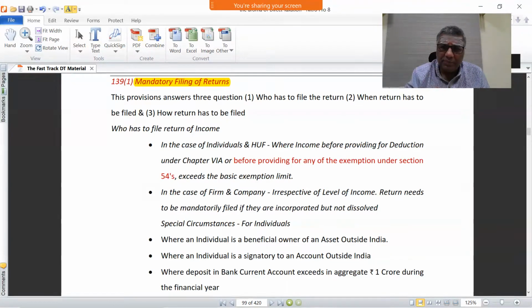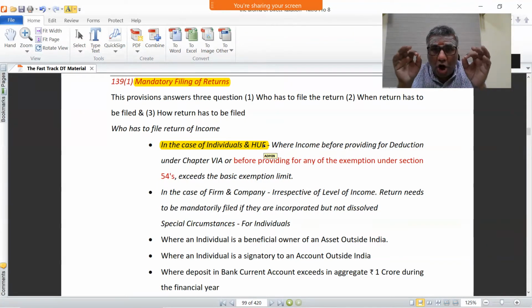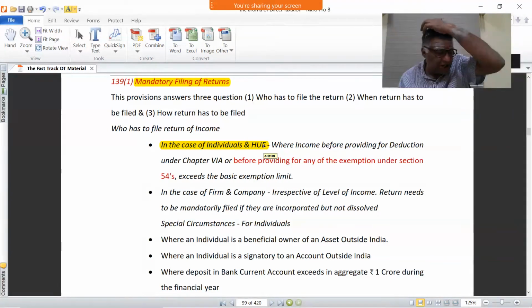In the case of individuals and HUF, if the gross total income, I'm repeating, the law uses the terminology of income before providing deduction under Chapter 6A.